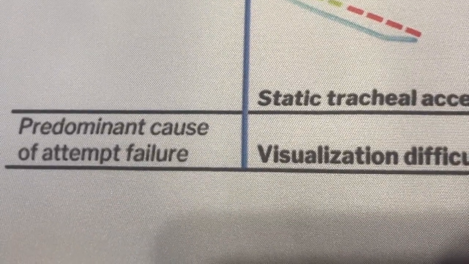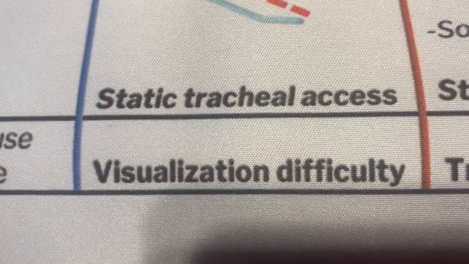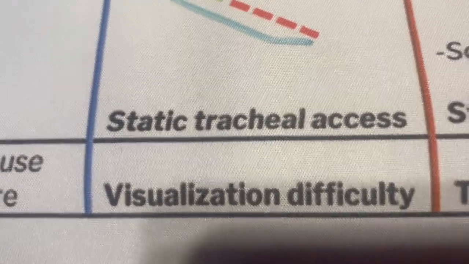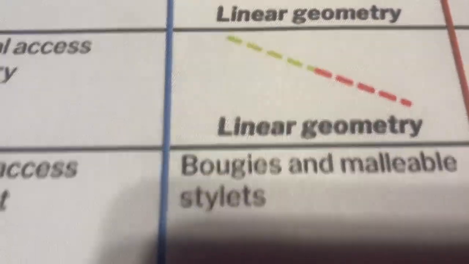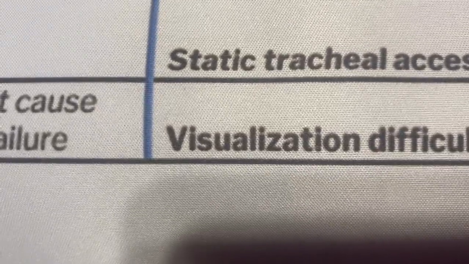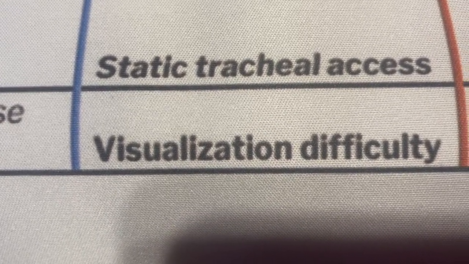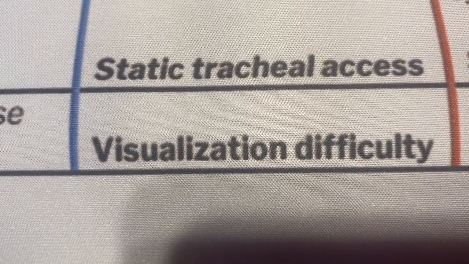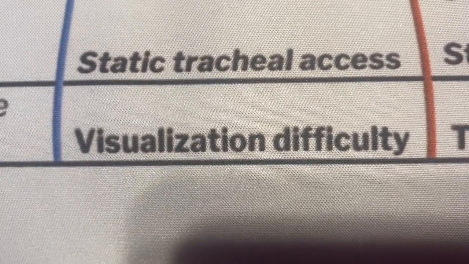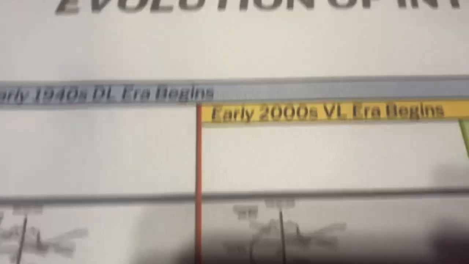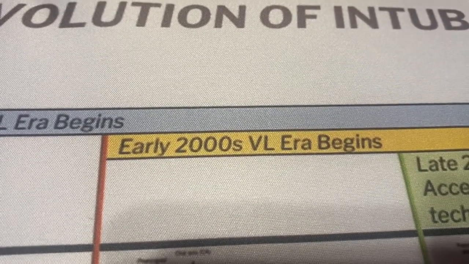Okay, the reason we fail with the direct laryngoscope, and this is really important, is it's really hard to go from serpentine geometry to linear geometry. And so if we can't see the vocal cords, if we can't create that straight line, then we fail, and the failure is due to visualization. Okay, so failure drives innovation. In the early 2000s, the video laryngoscope era began with really the GlideScope.